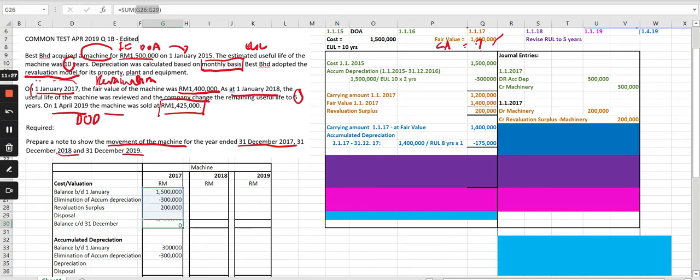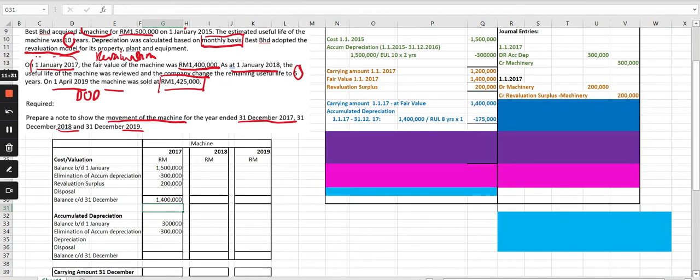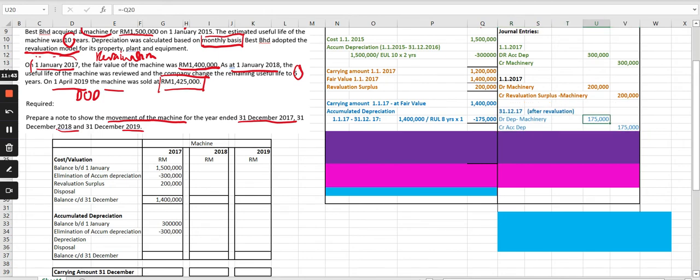So you will have 1.4 million. And in this year, the depreciation we have just calculated here. So the journal entry would be the same, which is debit depreciation, credit accumulated depreciation machinery 175. So this 175 will be shown here.